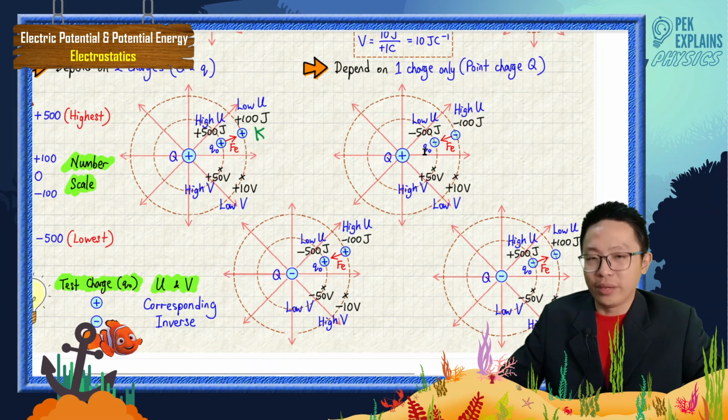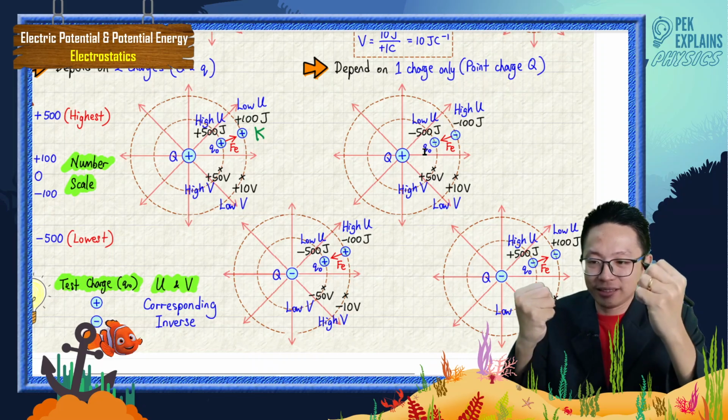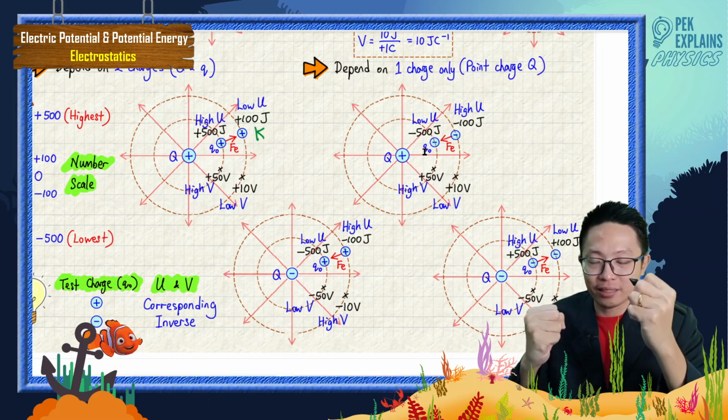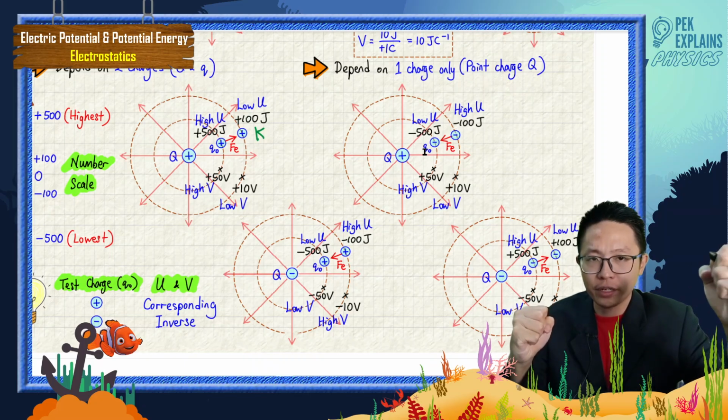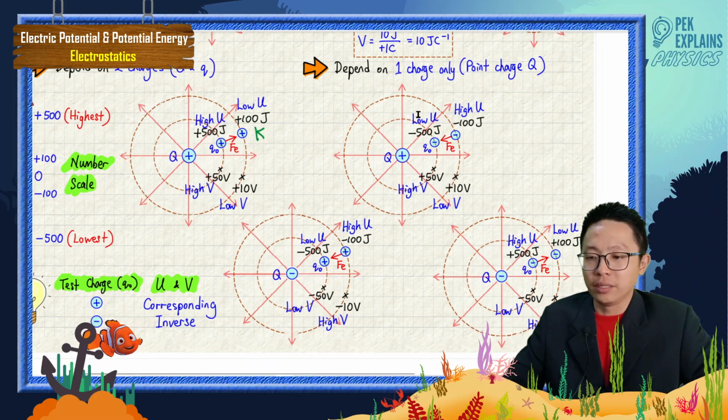So when these two charges are attracted to each other and you pull them further and further away, actually the test charge is storing electric potential energy. So when you release this test charge, it will be pulled nearer by the point charge.